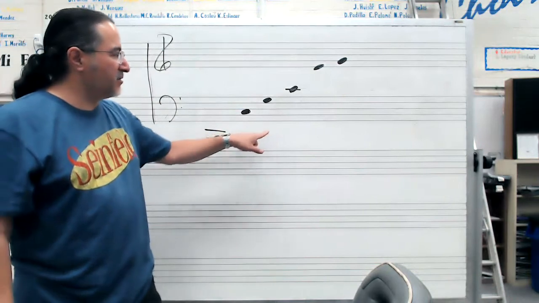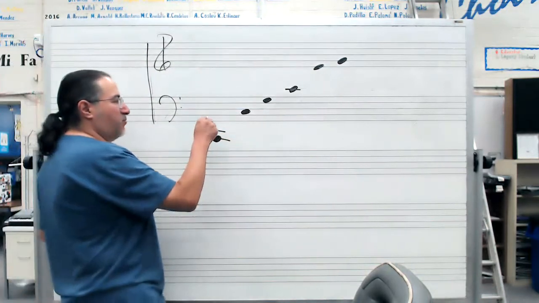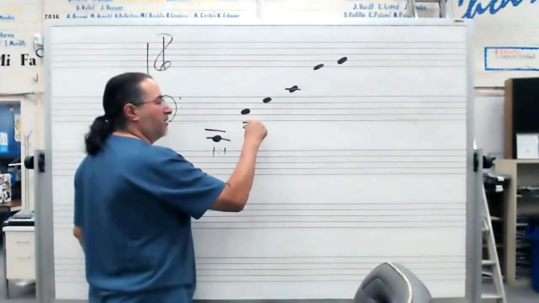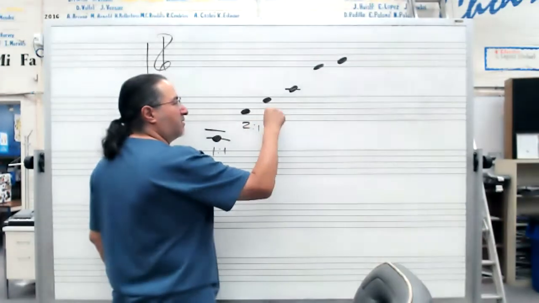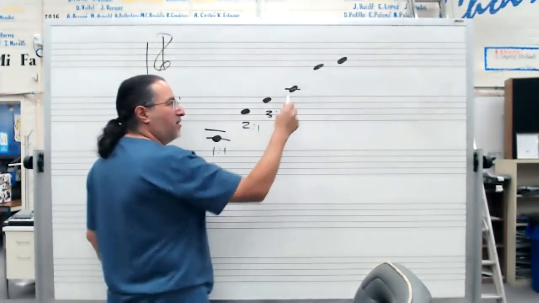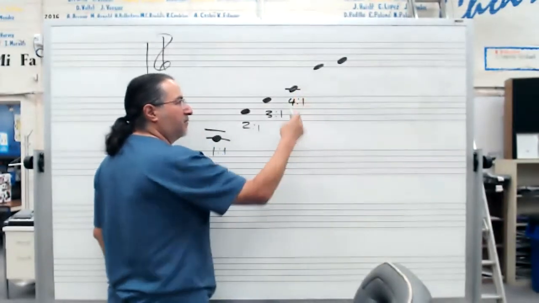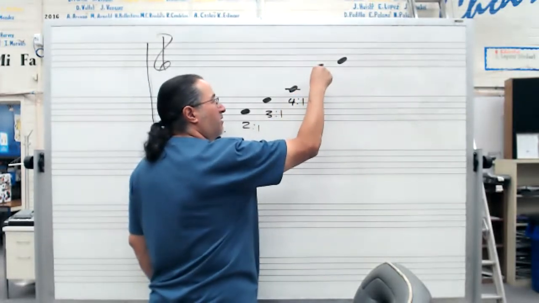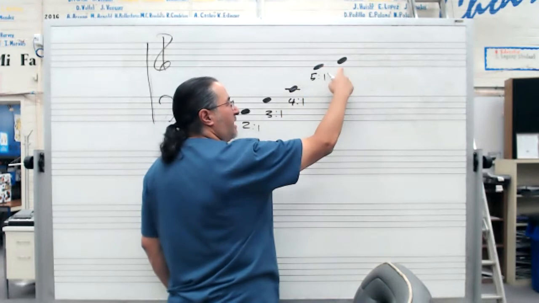Notice if this is one, a 1-to-1, this would be a 2-to-1. This is a 3-to-1. This is a doubling of that one, so this is 4-to-1. This is our 5-to-1. What is that one?